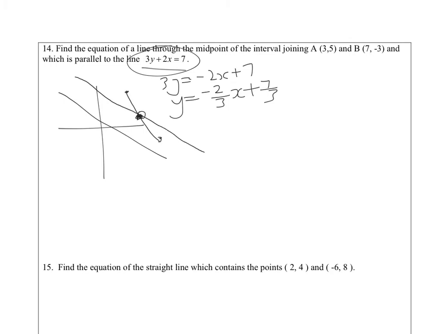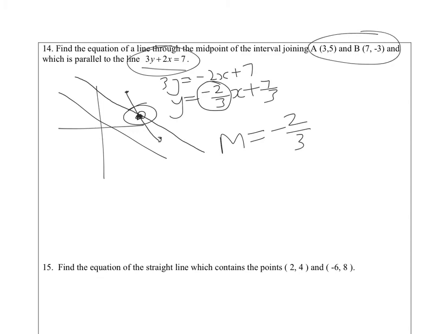So we need to know what the equation of this line is, because it's got to go through this point. Okay, so we're going to use the point gradient because we know the point. We know the gradient, which is parallel, so it's got to equal that one. So we've got a gradient of this, and we need to know the midpoint of these two.